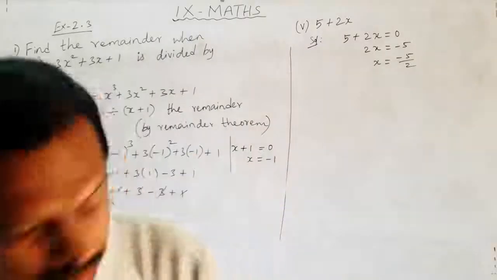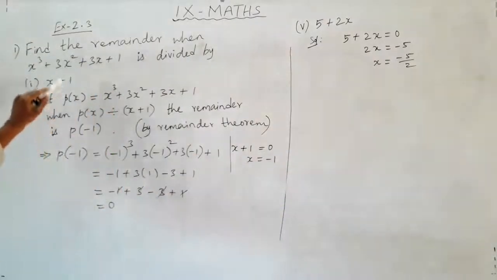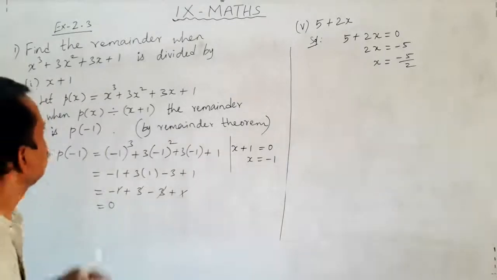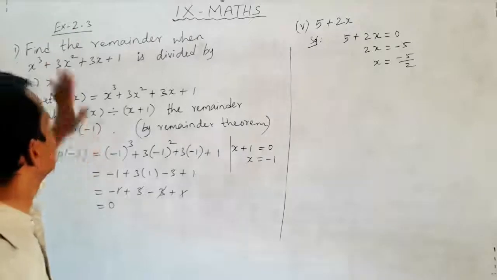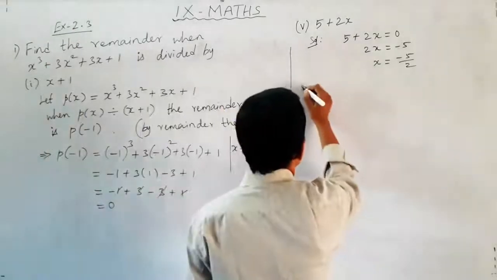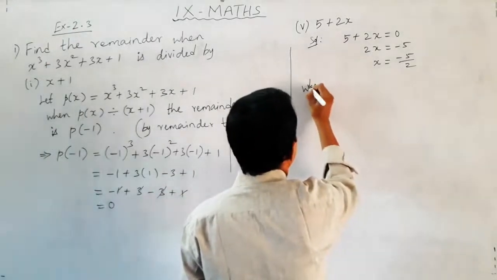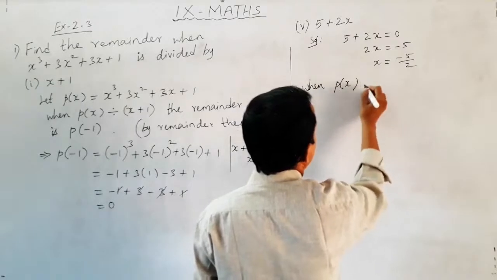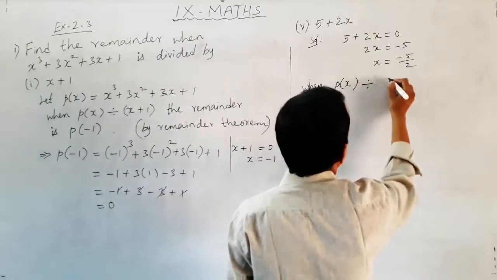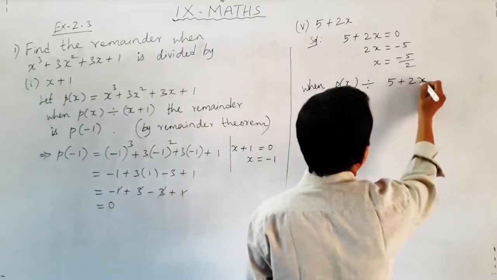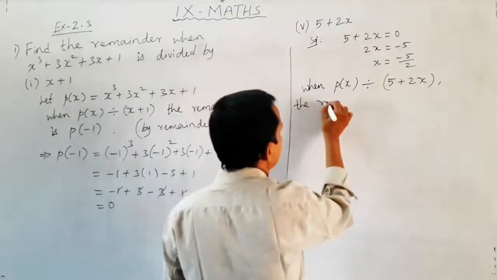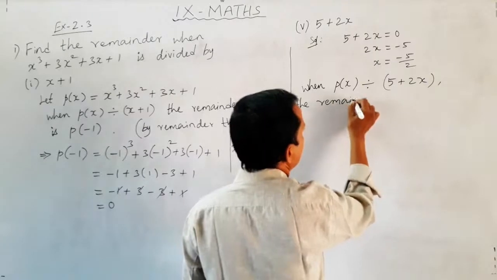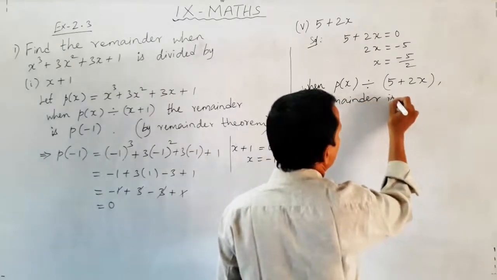And now, here p of x is the same p of x only, and the divisor is coming different. So when p of x is divided by 5 plus 2x, the remainder is what?